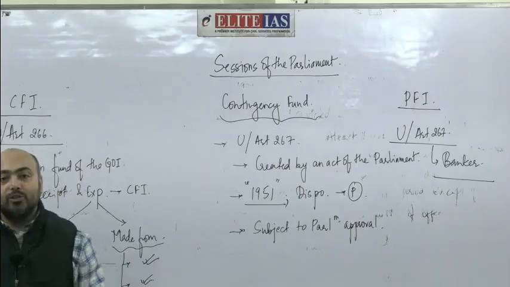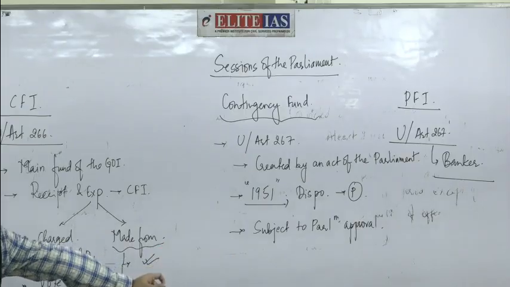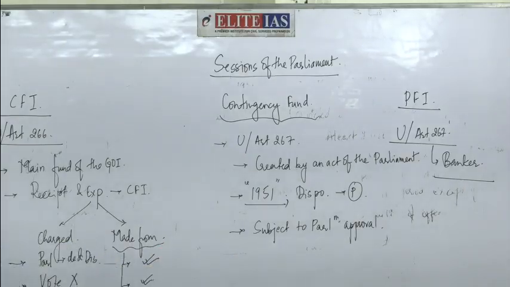Clear? So if you look at Article 265, Article 266, Article 267 of the Constitution, these are very important financial provisions. Article 265 says that no money can be appropriated from the Consolidated Fund of India without an appropriation act passed by the Parliament.